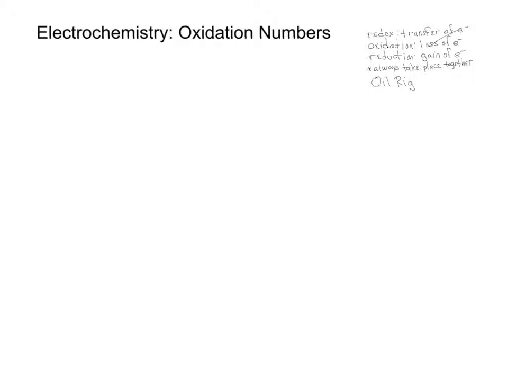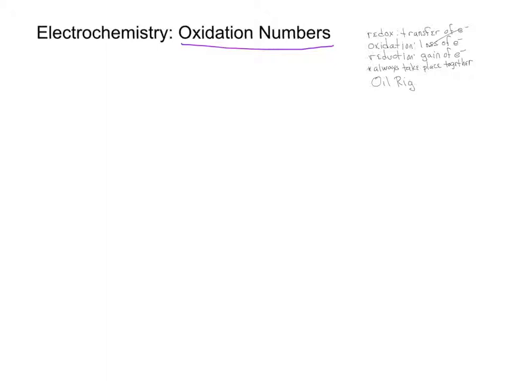So, how do we determine whether something is oxidized or reduced? The way we do that is we have to think about the oxidation numbers. And this is something that you already got some practice with at the beginning of the semester in lab. But there are some guidelines we can think about for oxidation numbers.